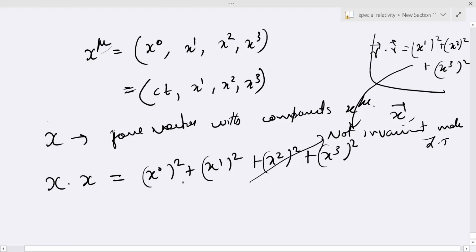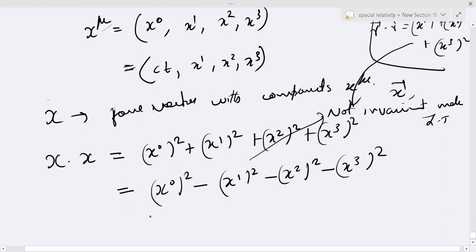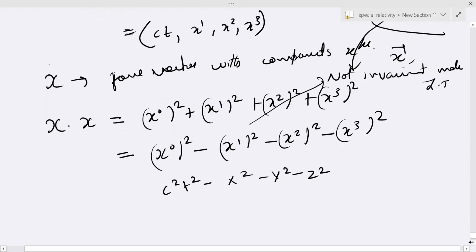We already know a quantity that's invariant. We can define it like this: x0 square minus x1 square minus x2 square minus x3 square. Because this is c square t square minus x square minus y square minus z square, and we have already seen that this is invariant. Am I right?